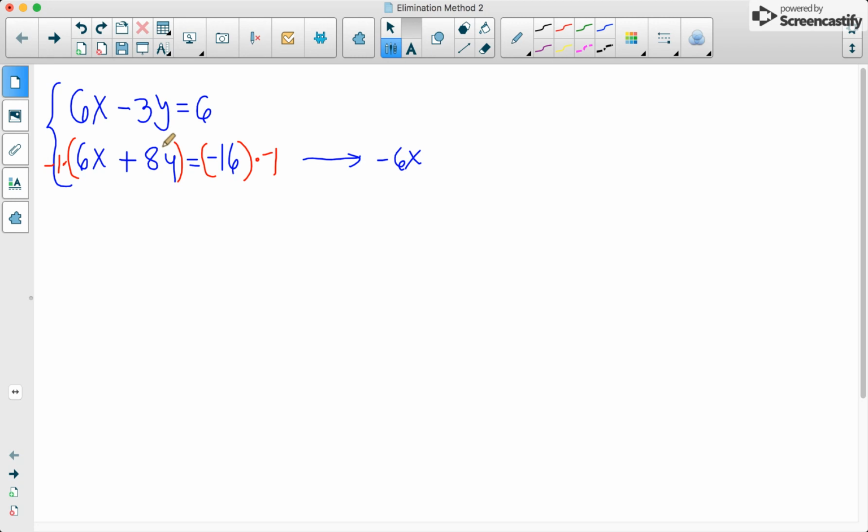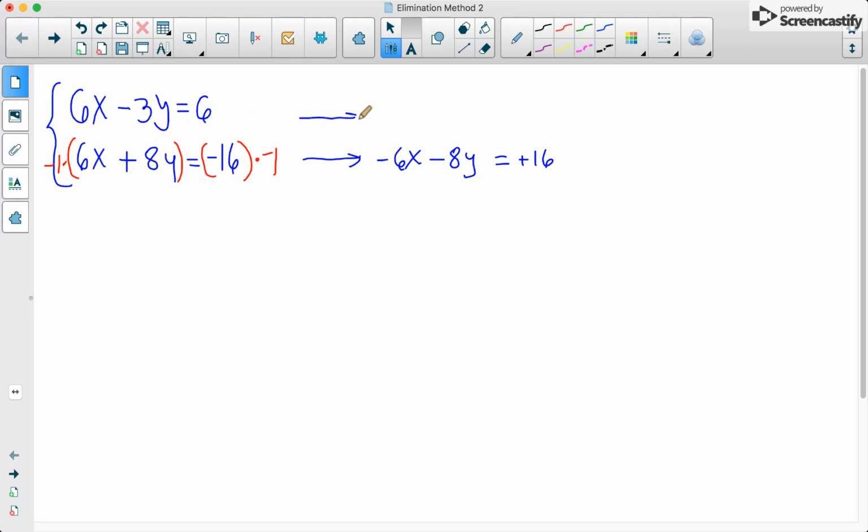Then this one becomes negative 8y. Because negative 1 times positive 8 gives me negative 8. And then negative 1 times negative 16 is just positive 16. So by multiplying by negative 1, basically I'm changing the signs.